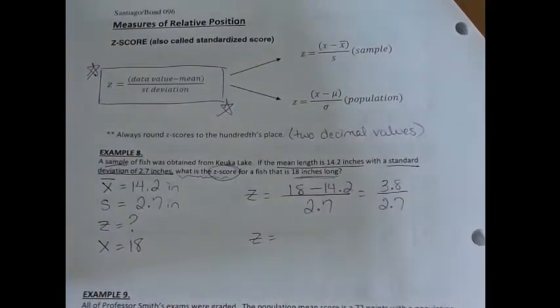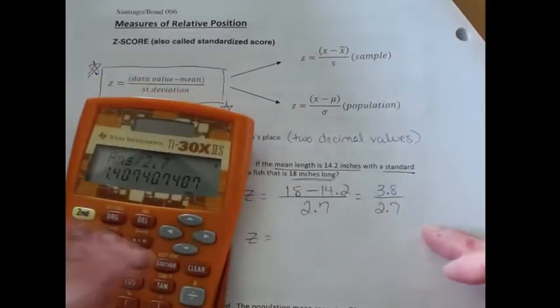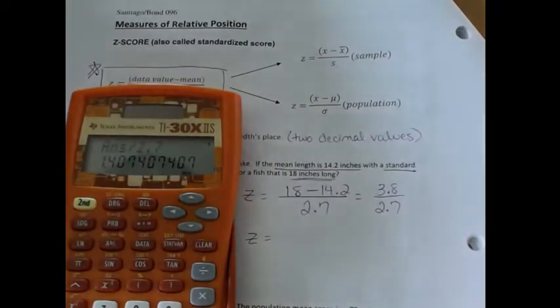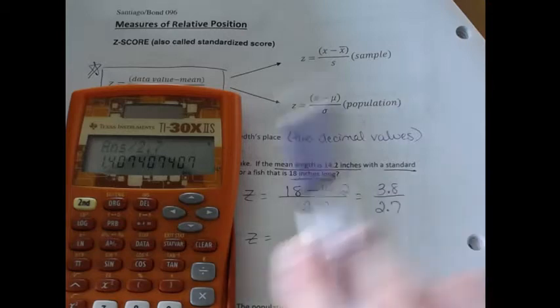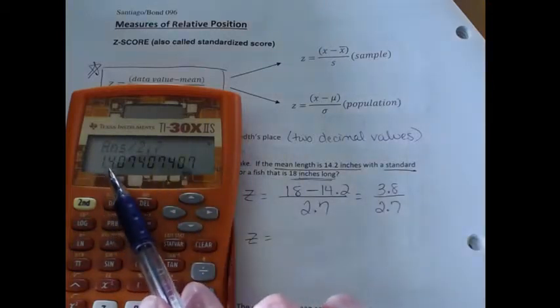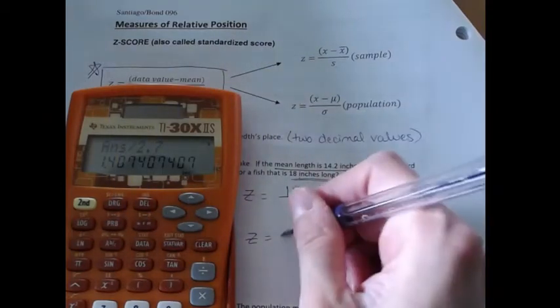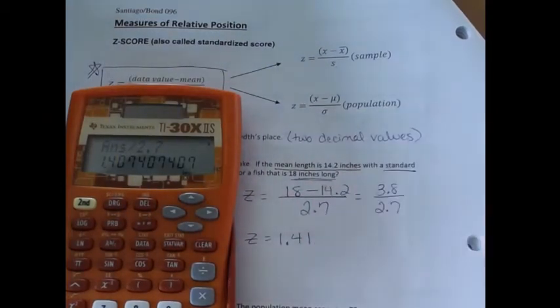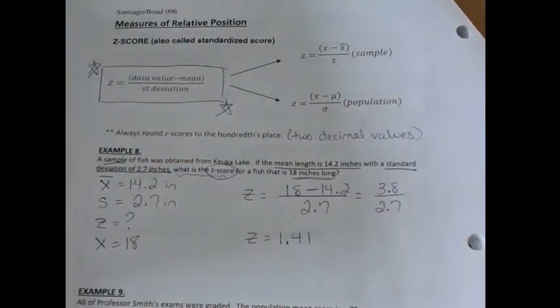When you punch this into your calculator, you get 1.407407407. We want to round to 2 decimal places, or to the nearest hundredths place, which means our answer is going to be 1.41. And that is our standardized score. A fish that is 18 inches long has a z-score of 1.41.